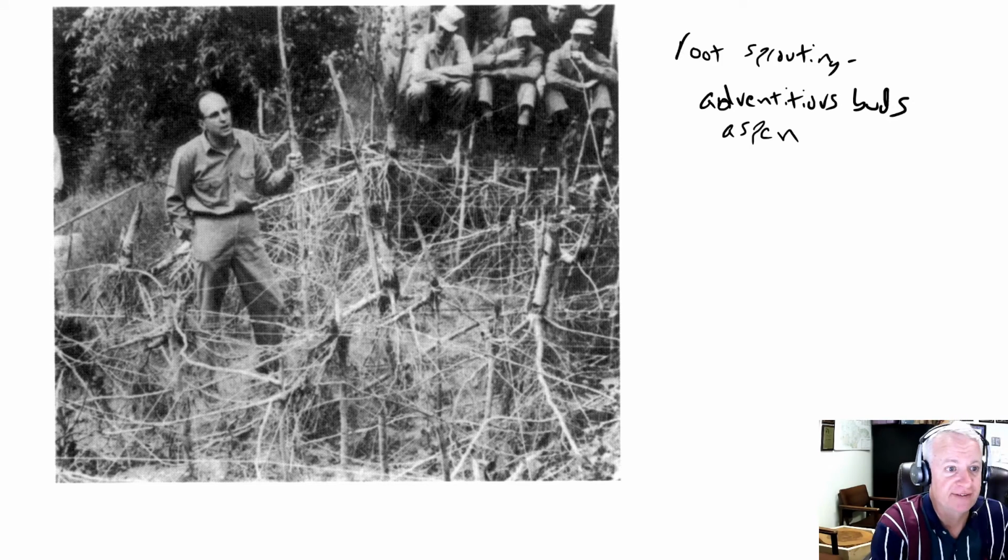This photograph shows someone standing in a little aspen clone or grove that derived from root sprouts, and they've cut the upper part of the trees off and washed the soil away, and you can tell how the root system is all interconnected, and likely all of those trees are genetically identical to each other. We talked about Pando, the large aspen grove that is a single clone of aspen that derives from root sprouts.